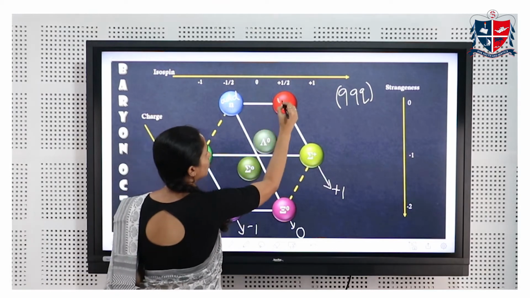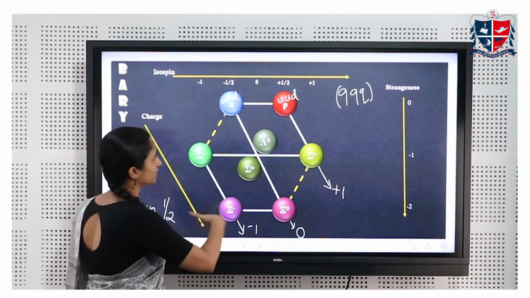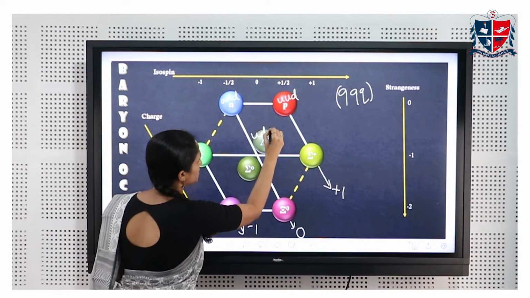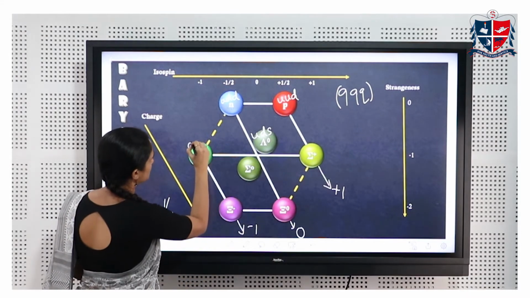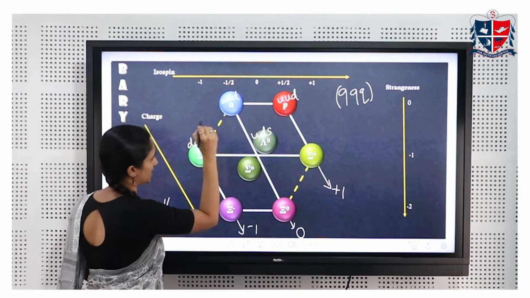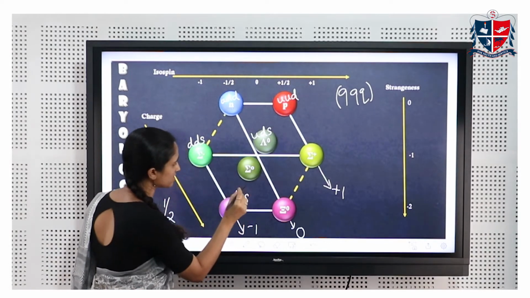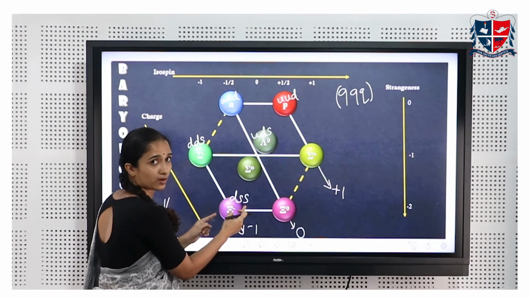A proton is U, U and D. Similar calculations will give you the sigma particles. It is made up of a U, D and an S. Right? This is a D, D and an S. Here this will be D, S, S because the strangeness number is minus 2. So you require 2 strange quarks here.